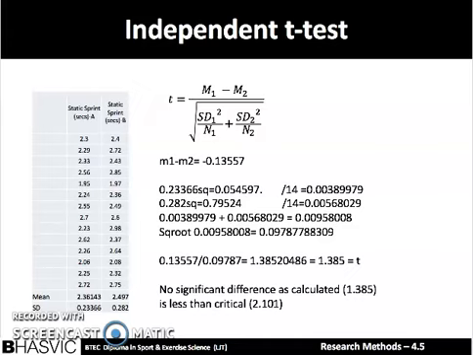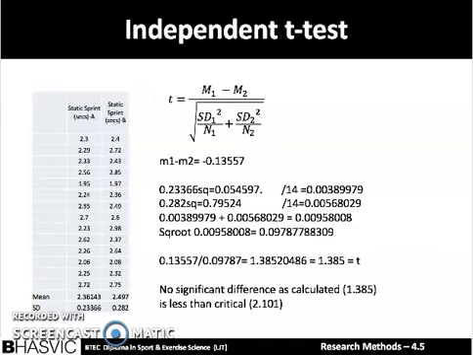You can see the formula for an independent t-test at the top there, and breaking that down, M is a mean and SD is a standard deviation.